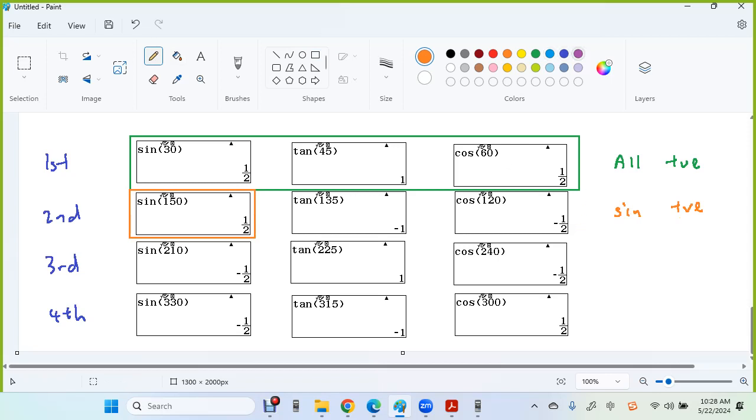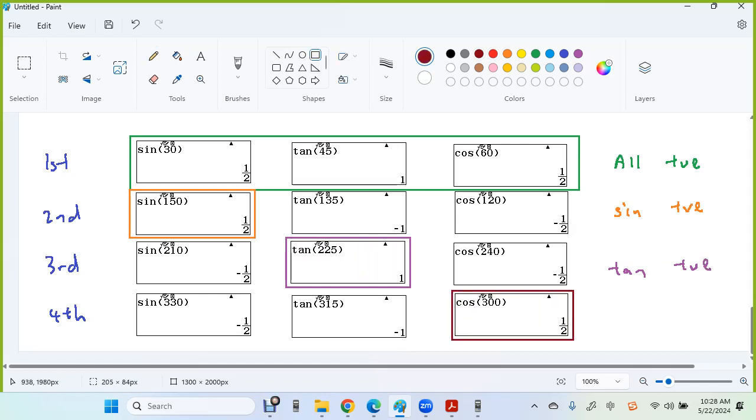And then the third quadrant, only the tangent is positive. And the fourth quadrant, cos is positive. So that's why we say ASTC, all science teacher crazy.